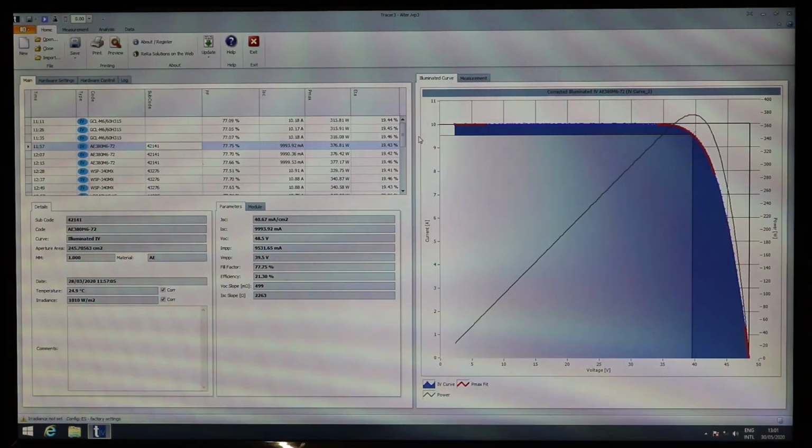So there are some formulas according to the standards which enable correcting obtained values to the STC values. Of course, you cannot always use these formulas. There is a range of temperature and a range of irradiance in which they are valid.